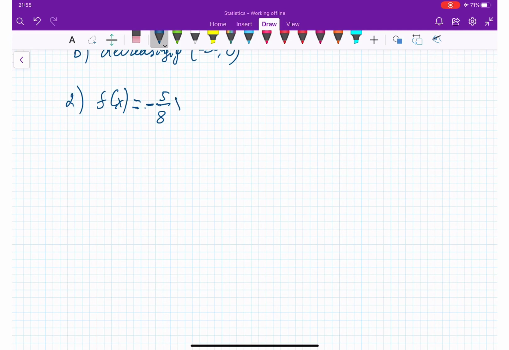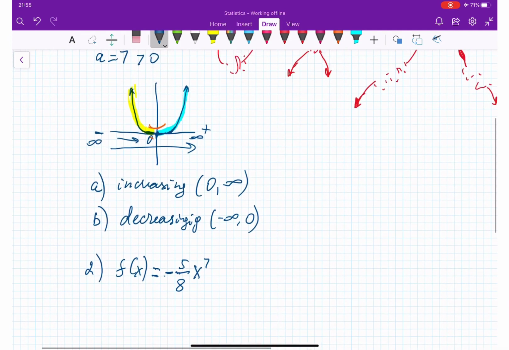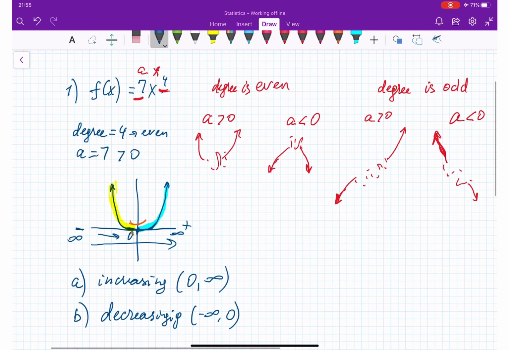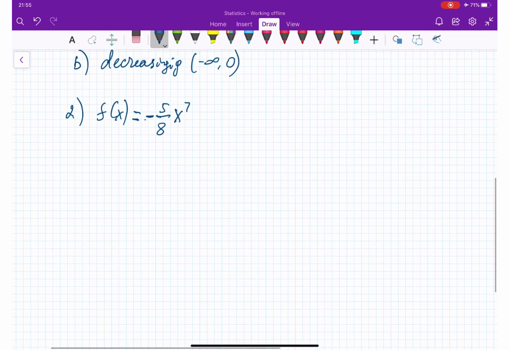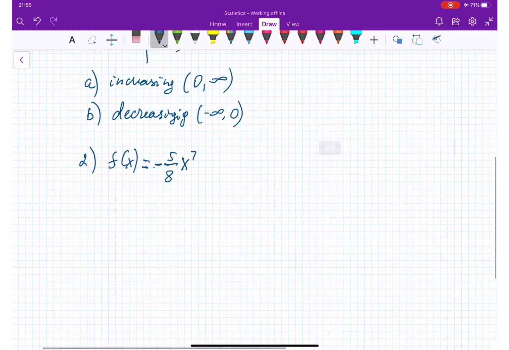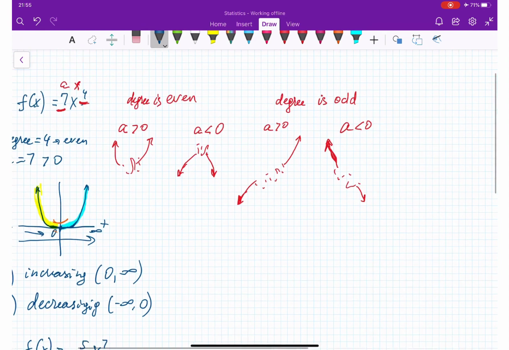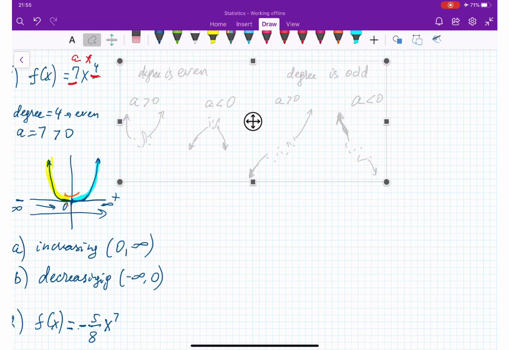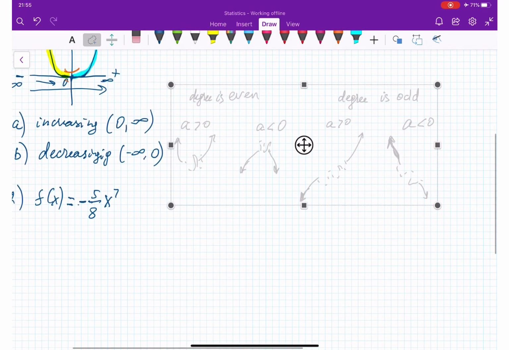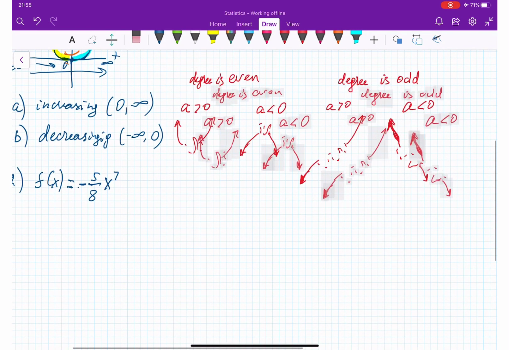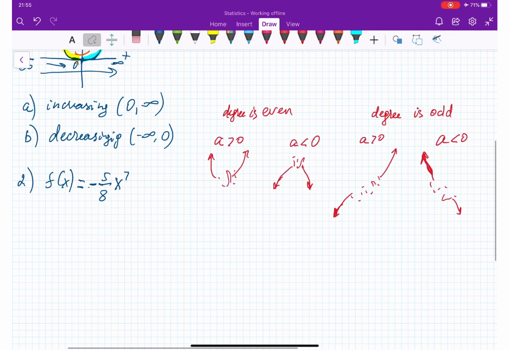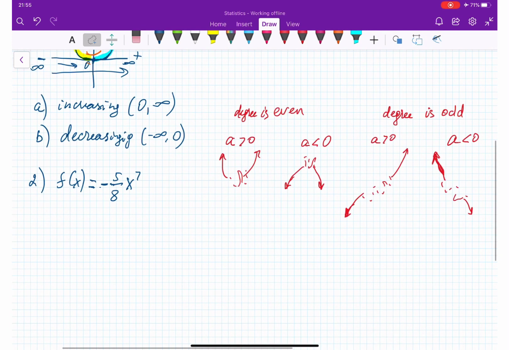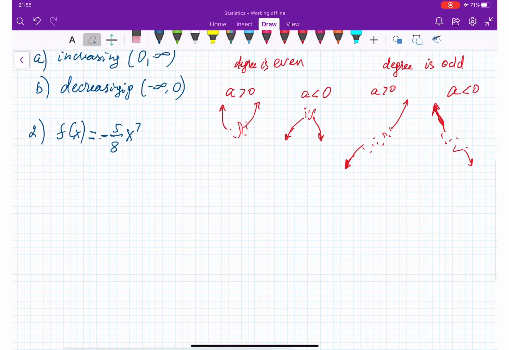Let me move down so we can use it. Okay, good enough. So negative 5/8 x to the power 7.